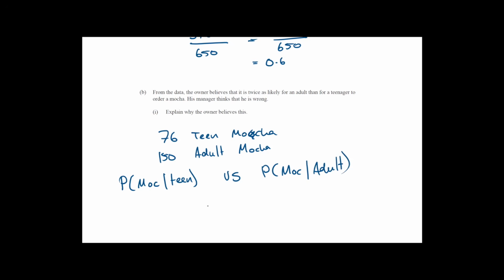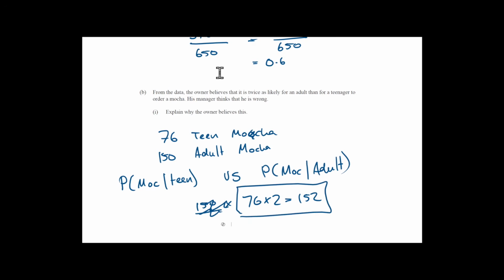And it's not going to be the same. 76 times 2 is 152, which is almost 150. So that's why he's wrong. Your answer would need to be a bit more specific than that, I think.